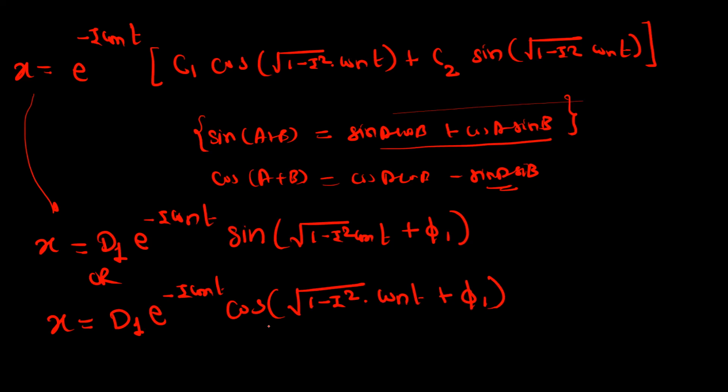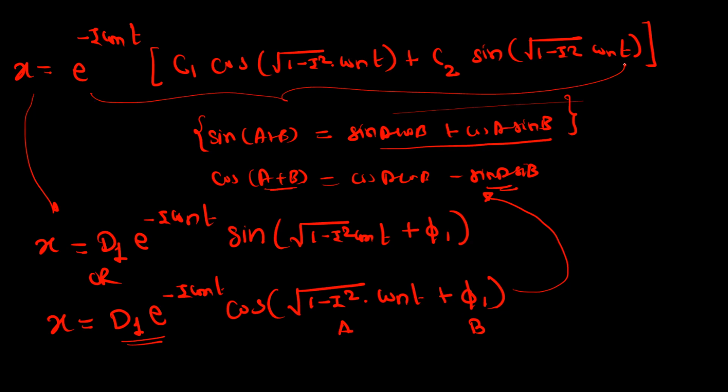If you use the cosine function, you should try the expansion by using the formula cos(a plus b). So what is a and b here? This value is a and this is the b value. Try to expand this complete term and multiply by this term. Then we will get an equation similar to this equation.